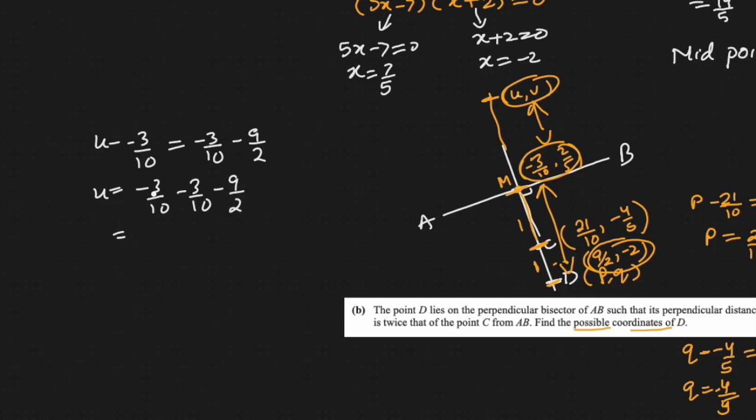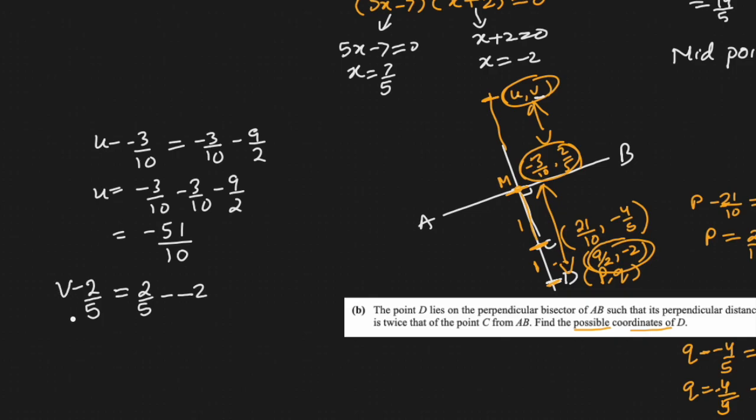So it comes out to be how much? Minus 6, and this will be minus 45. So minus 51 over 10. Yeah. Now, same for V also. V minus 2/5 will be same as 2/5 minus 2.